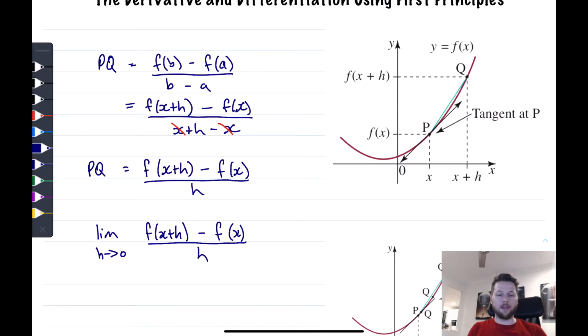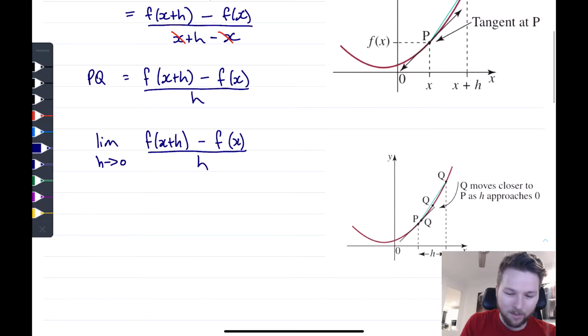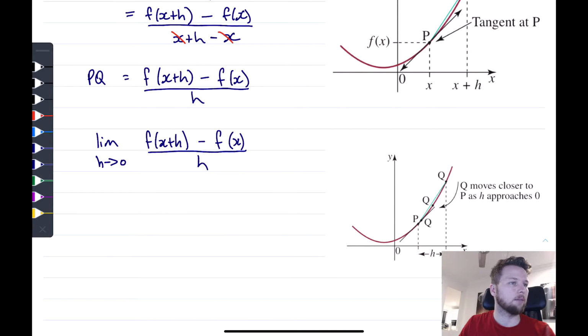So we found the gradient of our secant, and we found our instantaneous rate of change, which is also the gradient of the tangent at point P. When we take the limit, don't forget that we are seeing Q move closer and closer to P, so that's on top of P. We get that tangent. The next thing we need to do is have a look at an example.